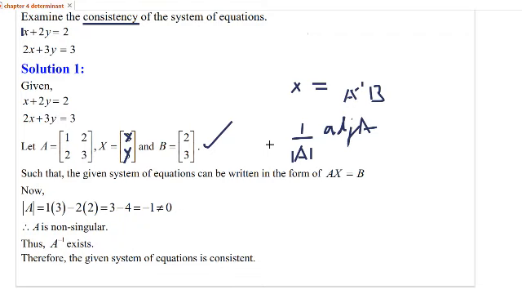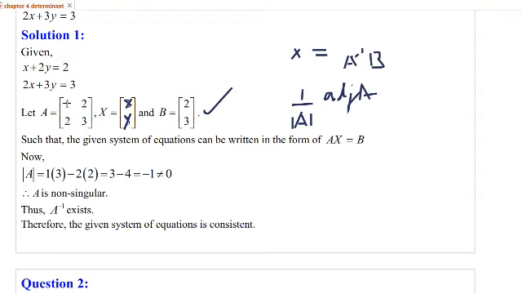So simply, what I have explained is: if determinant A is not 0, that is, the matrix is non-singular, then A inverse can be computed easily, and then A inverse into B will give you the values of x and y, and hence the equation will be consistent. For example, in this question, the determinant is 3 minus 4, that is minus 1.